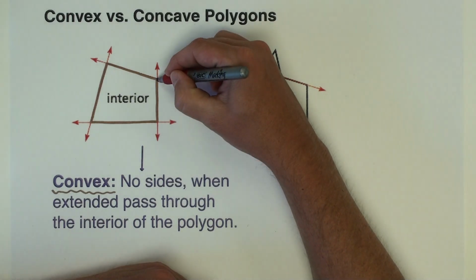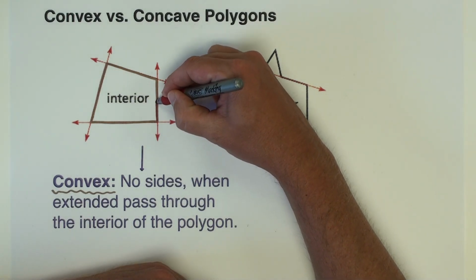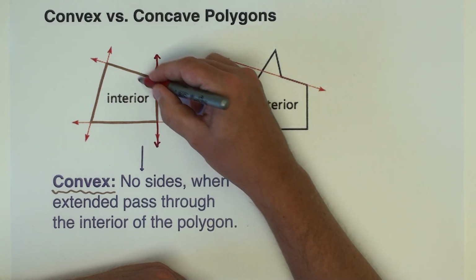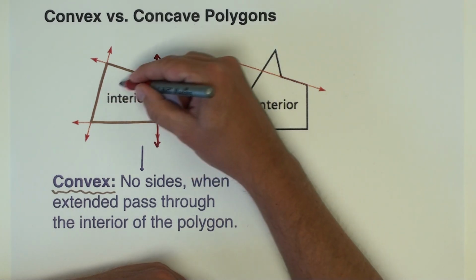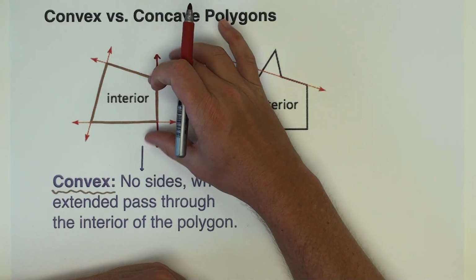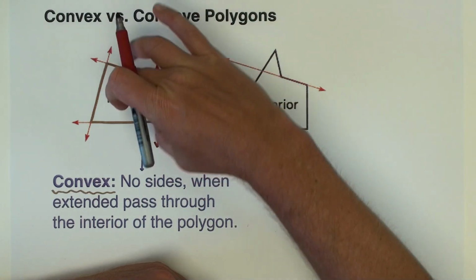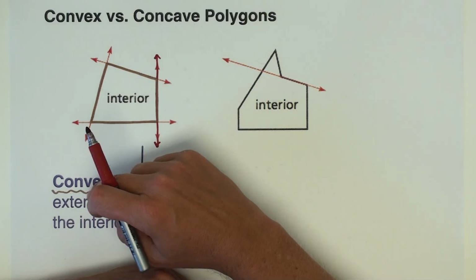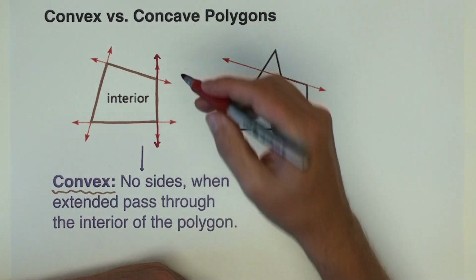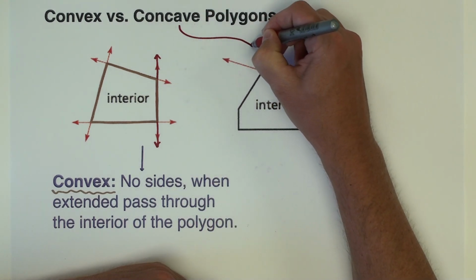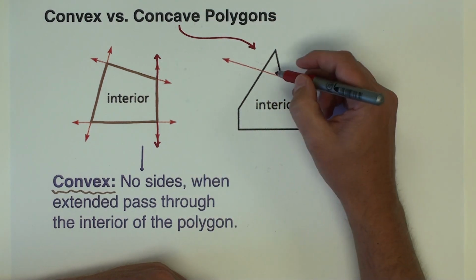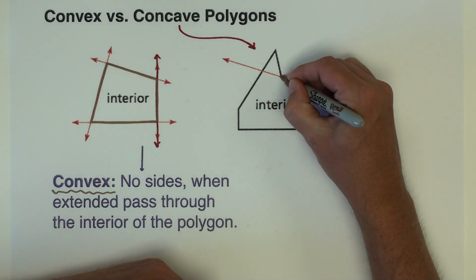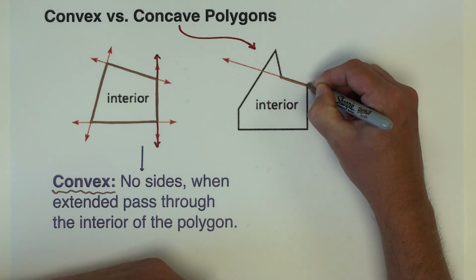Like this side right here, if I take this side and extend it here and here, notice it didn't pass through the inside. It stayed on the outside of the figure. Well, all the sides when extended don't pass through the inside. And because of that, that makes it convex. Now, on the other hand, a concave polygon, right? I'm not going to trace the whole thing, but let's look at this side right there.